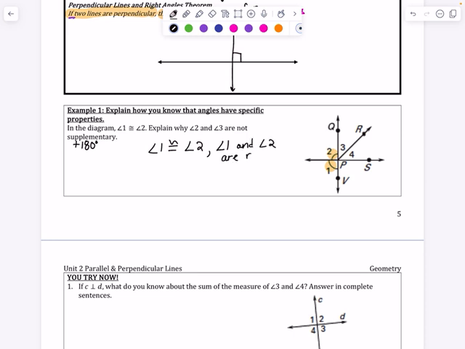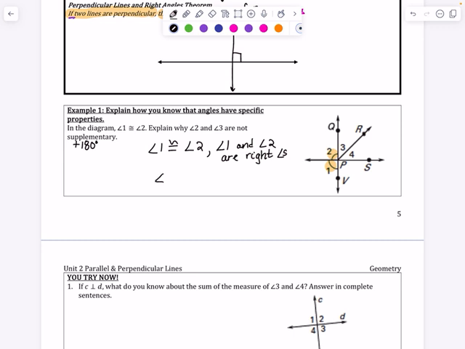According to our picture, I can see that the two lines PS and VQ are intersecting. I am going to say explain why angle 2 and angle 3 are not supplementary.